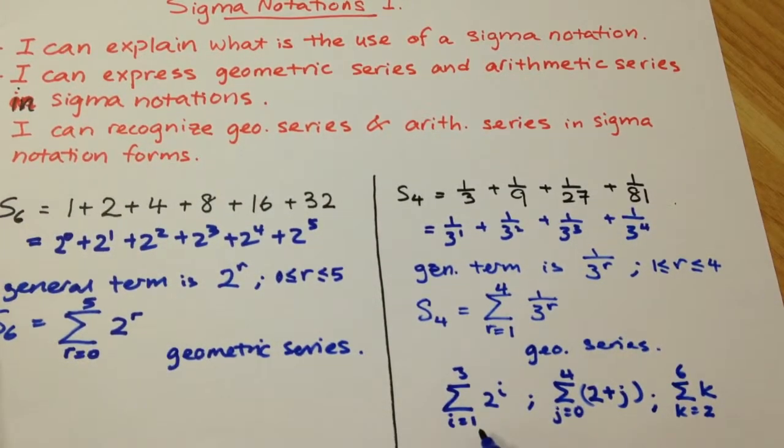Now, the starting point here can be any number that you want, and the ending point can also be any number you want. Usually, the ending is larger than the starting point.